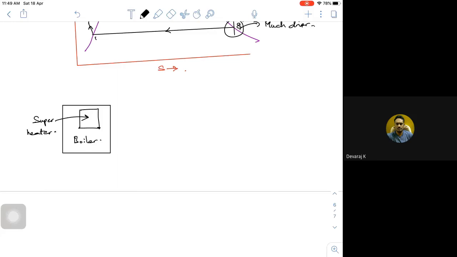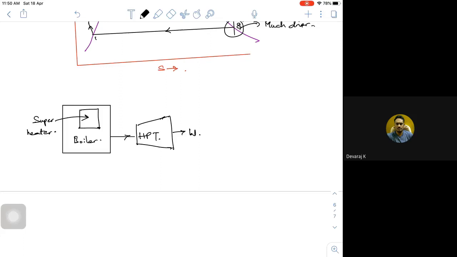From the boiler, the steam will go to the high pressure turbine, HPT. It may be of 2 stages, and I will be getting the work.